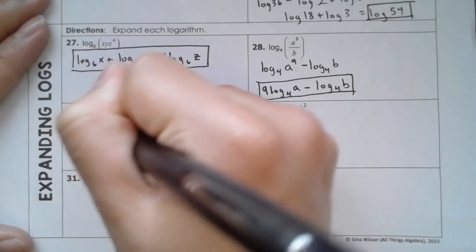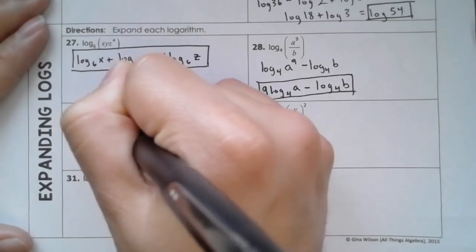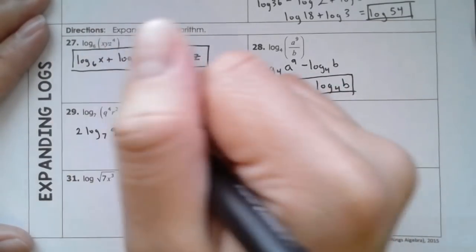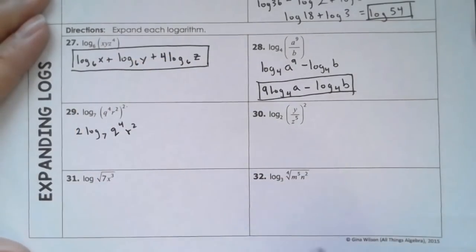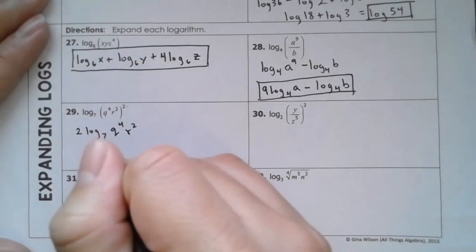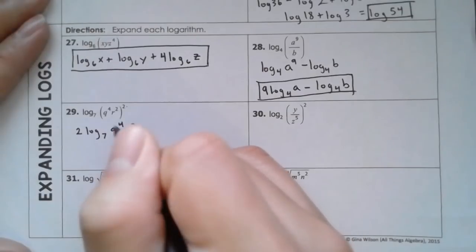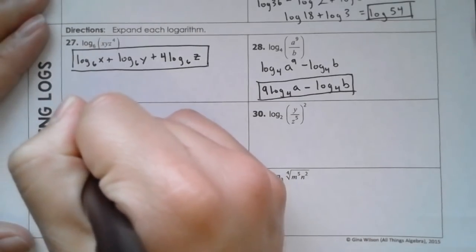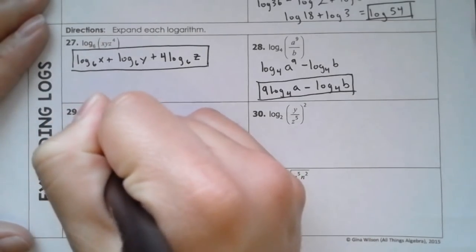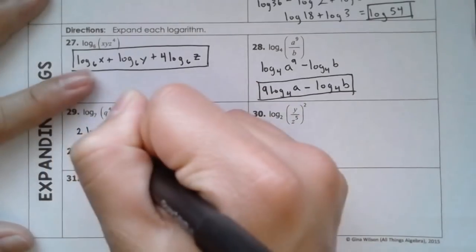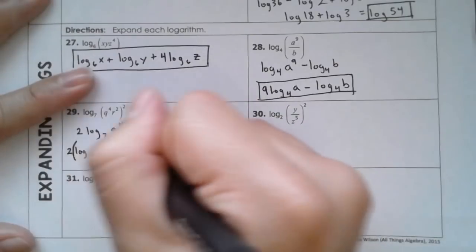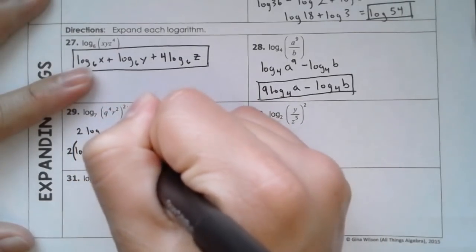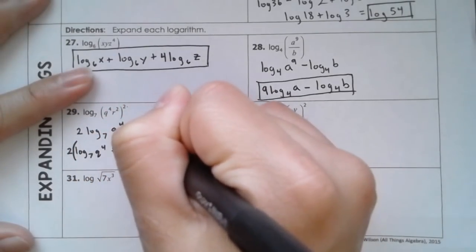Log base 7 of q to the 4 times r squared. So let's look at it this way. Let's show every step. Then here I can expand this one. It's a product, so I can go to addition. So 2 times log base 7 of q to the 4th plus, and we need a parenthesis because that 2 applies to this entire log here, plus log base 7 of r squared.